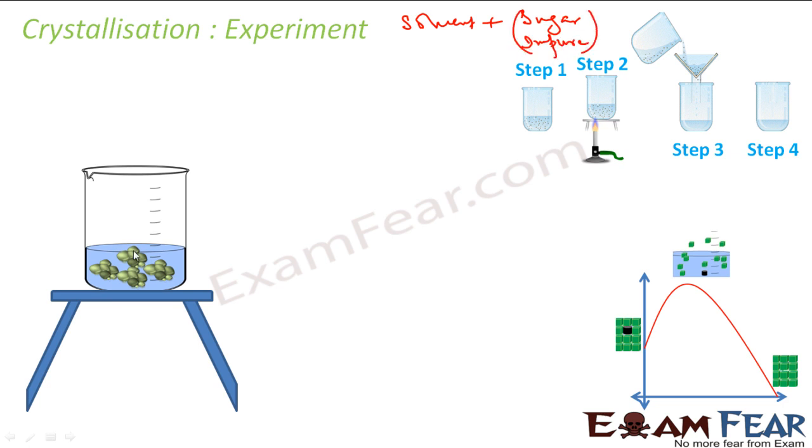This blue is the solvent and I have impure sugar. It is not properly dissolved in this water because we are talking about room temperature. So we'll heat this. On gradual heating, the sugar will dissolve and it will be in this solution, correct?